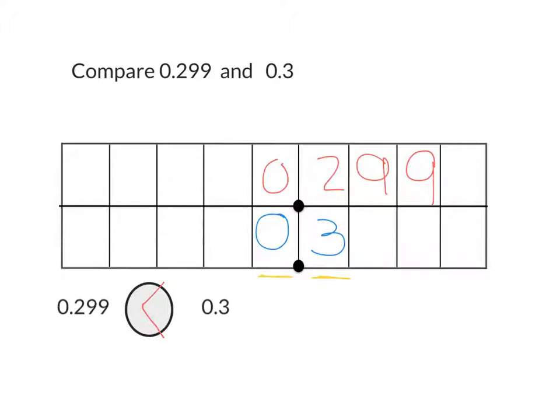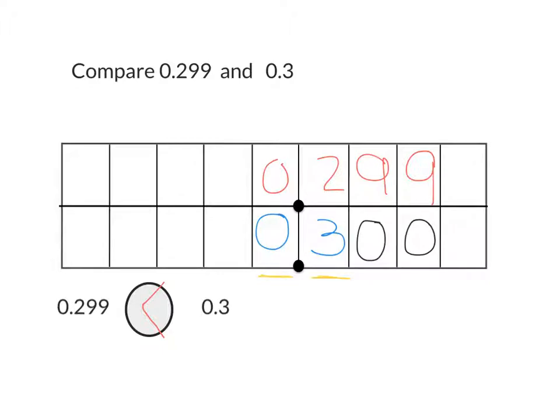We can eliminate some of that confusion by making like units here. So you'll see that the 299 thousandths goes out to our thousandths place. Our 3/10ths stops in our tenths place. We can extend our 3/10ths out to our thousandths place by adding zeros in our hundredths and thousandths place. So now we have two numbers that are in our thousandths.